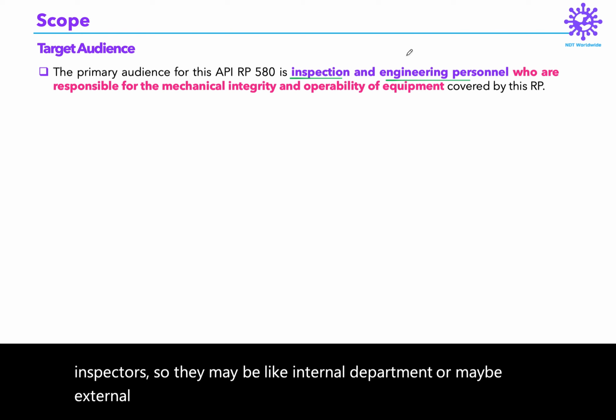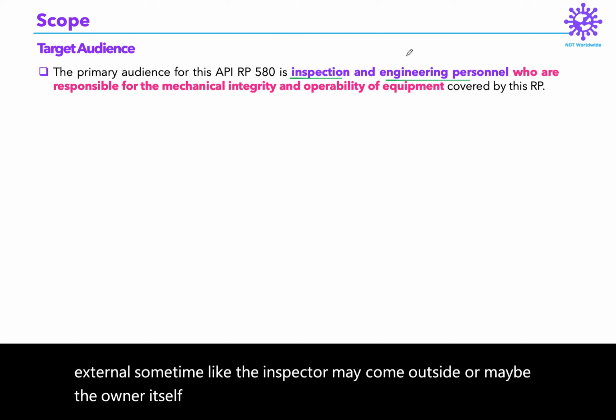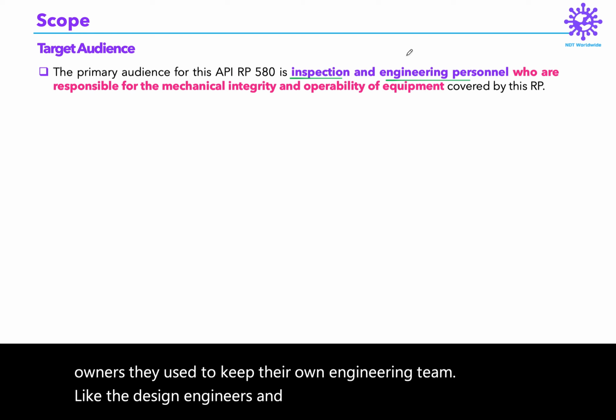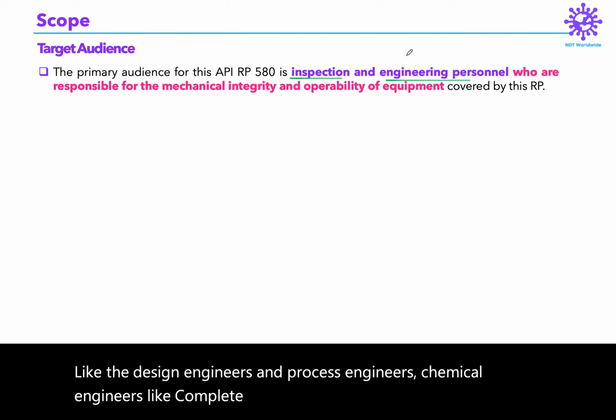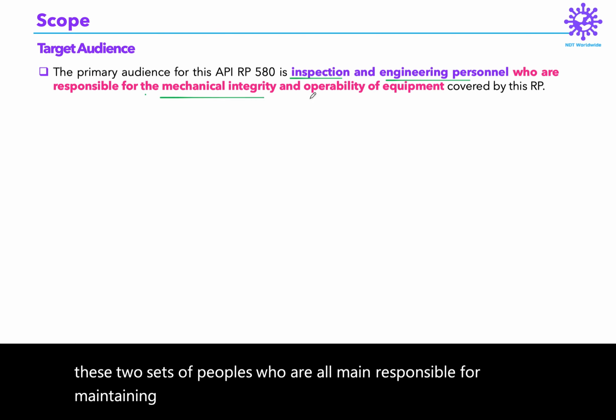Sometimes the API inspector may come from outside, or the owner itself engages the API inspection team. And the owners keep their own engineering team, like design engineers, process engineers, chemical engineers, complete engineering people. It's a combination of these two sets of people who are mainly responsible for maintaining the mechanical integrity and operability of the equipment.